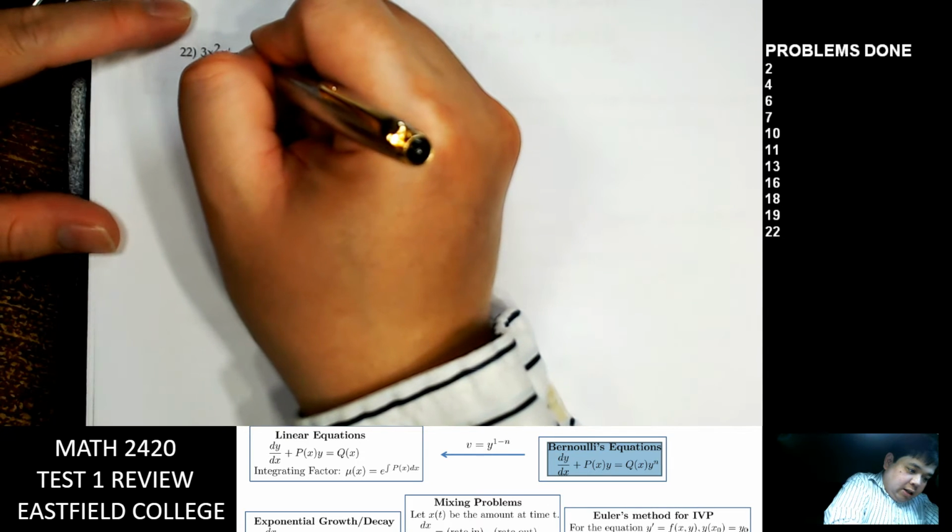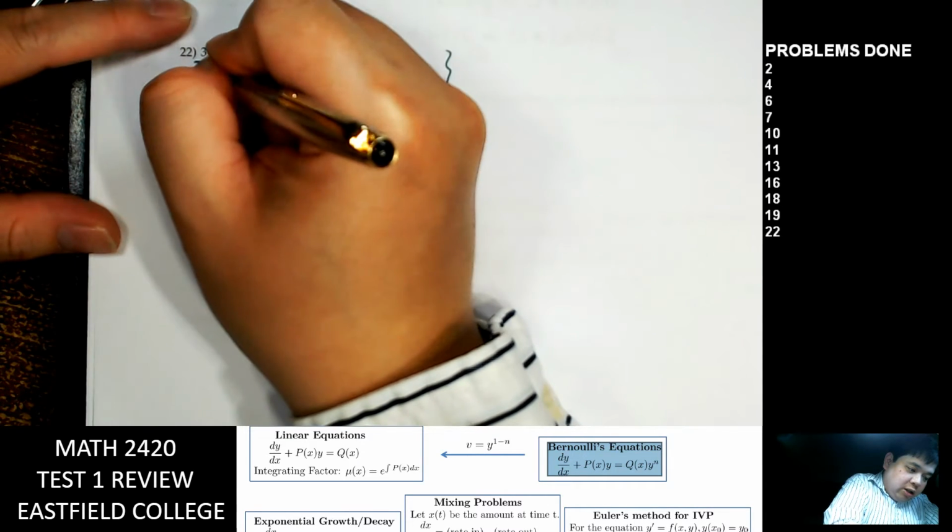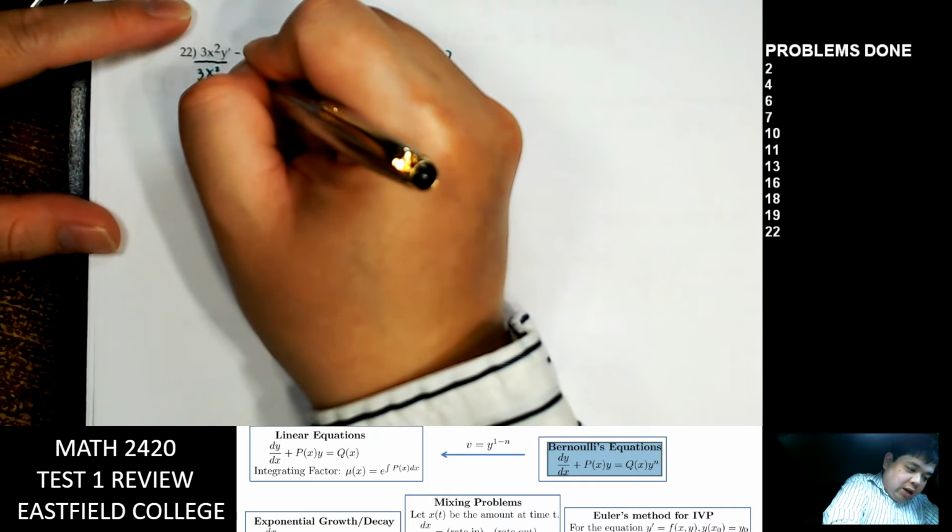Right. Let's divide by x squared on both sides. 3x squared, actually.